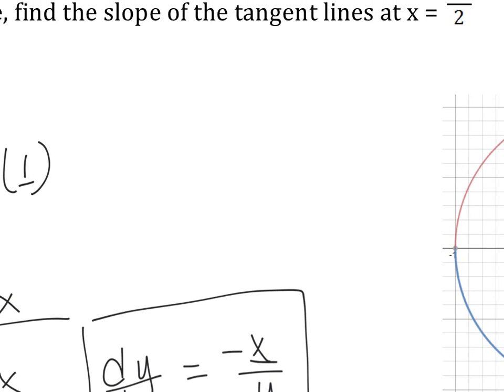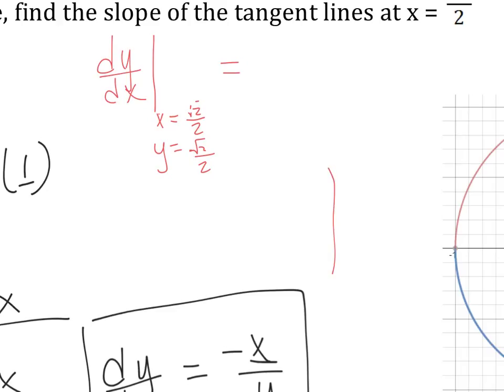We say dy/dx evaluated at x equals the square root of 2 over 2 and y equals the square root of 2 over 2. Then we simply plug those values into our derivative, which is negative x over y.